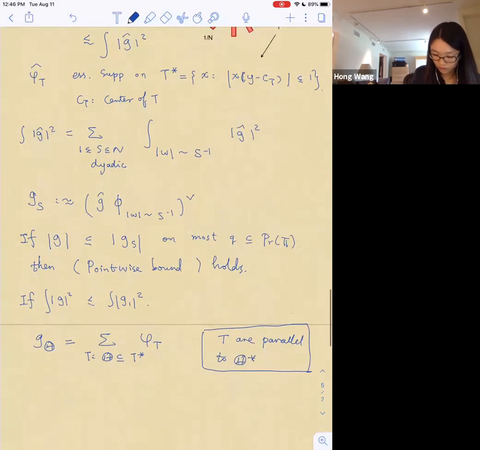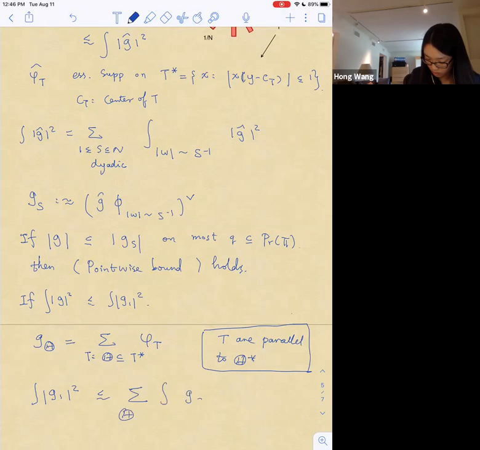So now we continue the proof by the L2 orthogonality. G1 square is bounded by the sum over theta of G theta. And for each theta, since the tubes are parallel, by our assumption that the tubes are distinct, this is also bounded by the sum over phi t squared for different t.